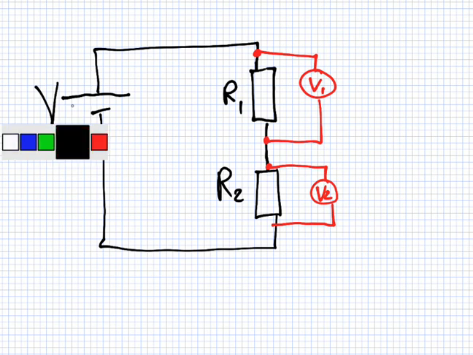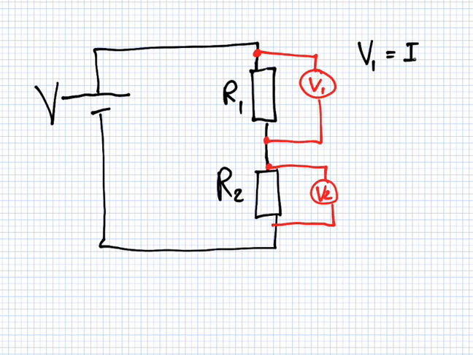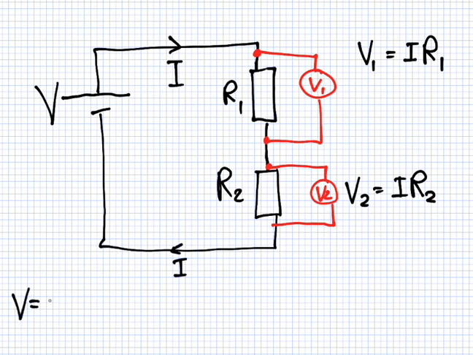We can say V equals IR, but we need to work out the I. So we have V equals I times total resistance. So that means I equals V over total resistance.